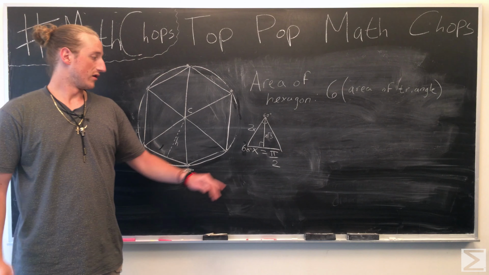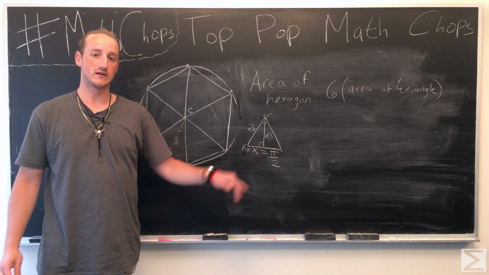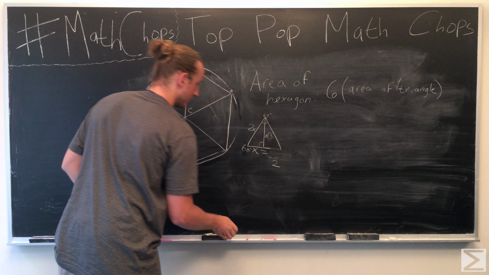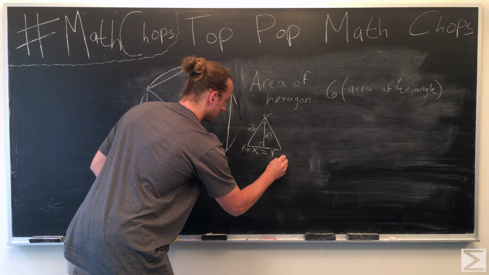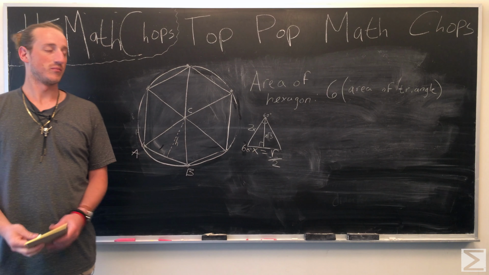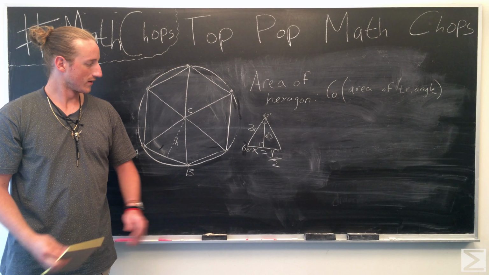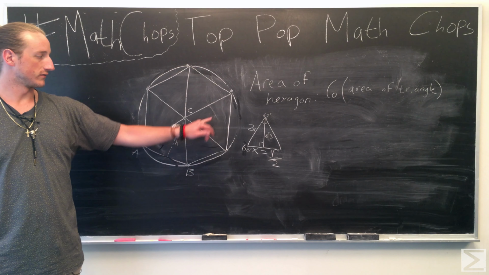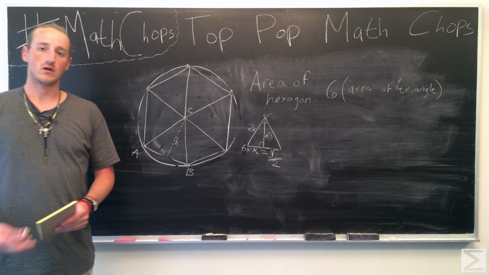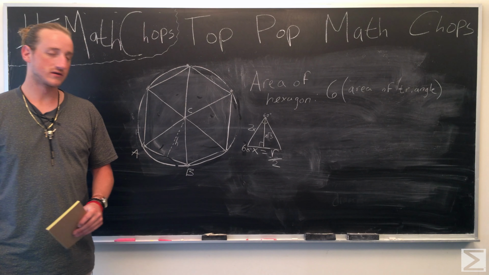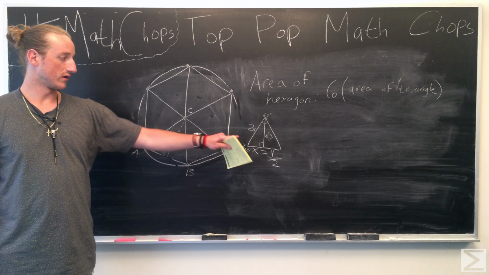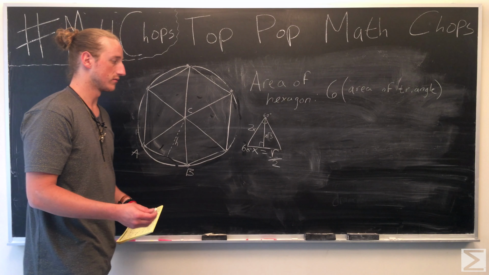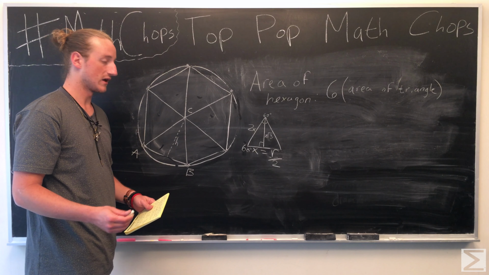And so we now know the full base, that's the radius, not pi. And so the full base of one of these triangles is going to be the radius. And now if we know x is r over 2, we now know the height of this triangle is square root of 3 times r all over 2.